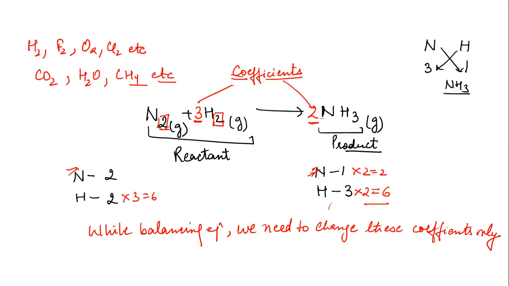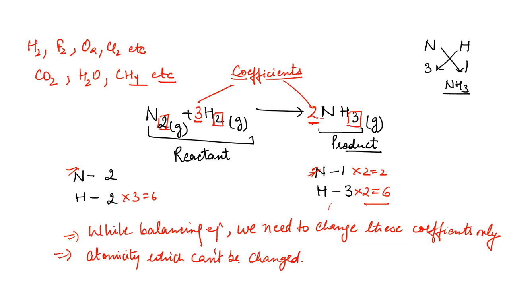This 2 and this 3 you can't change. These subscripts, 2, 2, 3, are showing its atomicity, which cannot be changed. Is that clear? So we can always add these coefficients, but you cannot change this.